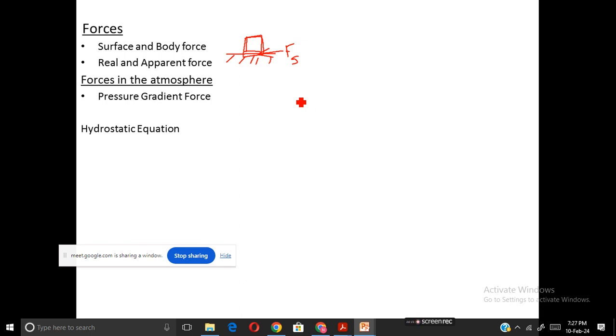Friction, viscous, all these are examples of surface forces. And there is another force which is known as the body force. Body force acts on the center of mass of the object, and it is directly proportional to the mass of the body. And gravity is an example of body force.